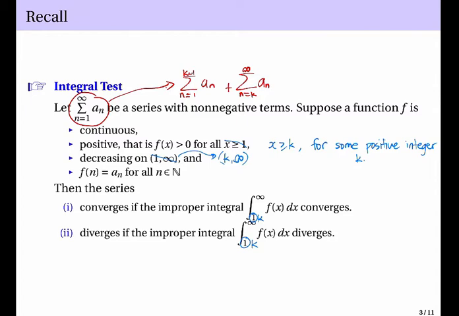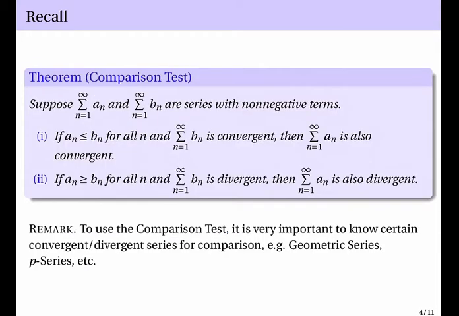So, let us recall the next test. Okay? We have the comparison test. So, let us consider a series with a sub n as terms and another series with b sub n as the terms such that a sub n and b sub n are non-negative.